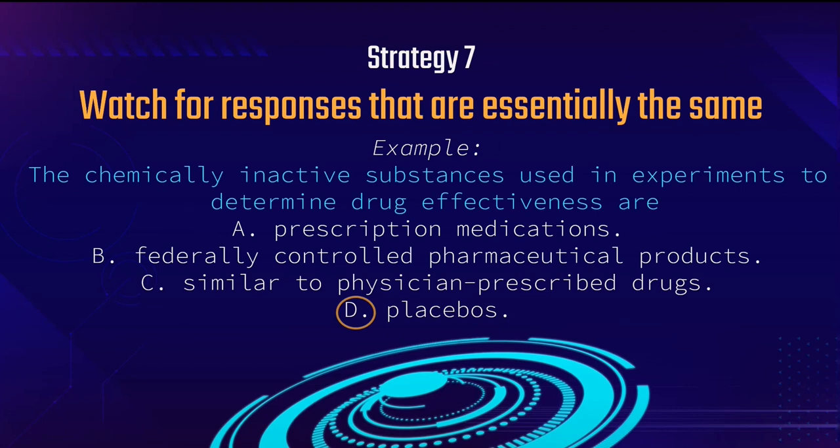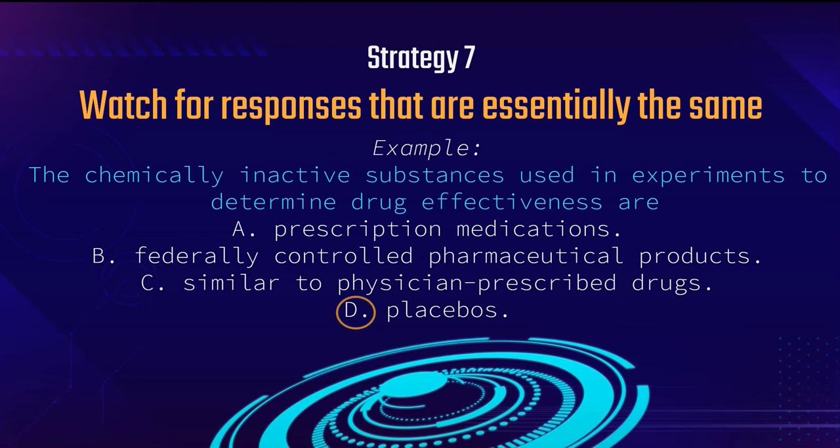Strategy 7. Watch for responses that are essentially the same. For example, the chemically inactive substance used in experiments to determine drug effectiveness is: A. Prescription medications, B. Federally controlled pharmaceutical products, C. Similar to physician-prescribed drugs, and D. Placebos.